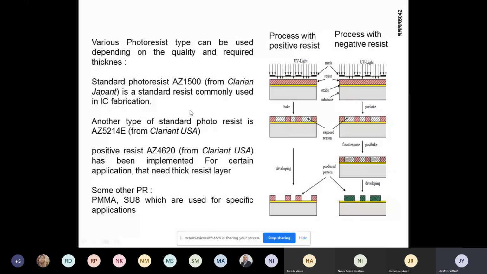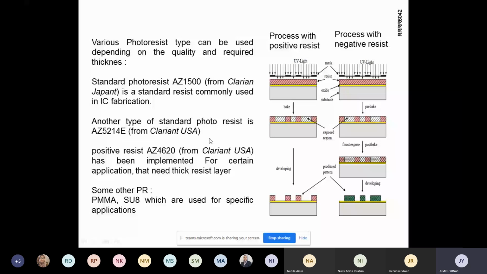There is another type of standard photoresist that is commonly used in IC fabrication and also used in our lab, namely AZ5214E. We call this a negative photoresist.